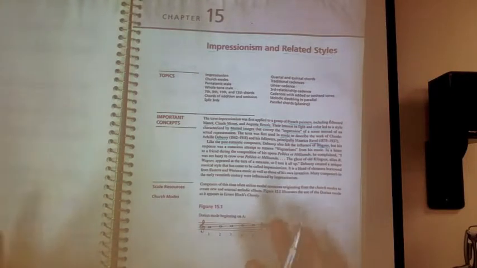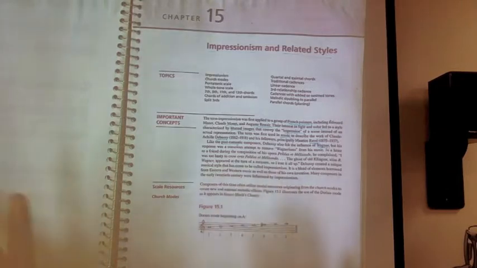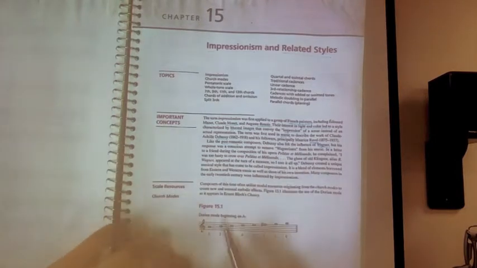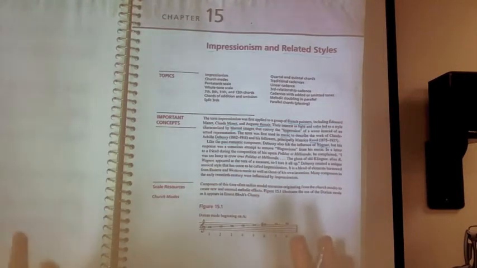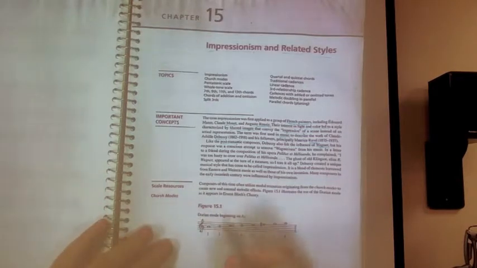Some of the devices they would use to obscure this extreme tonality that Wagner so loved: they break away from traditional major and minor modes, and they start using church modes.